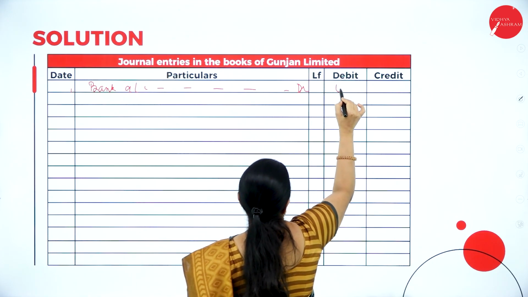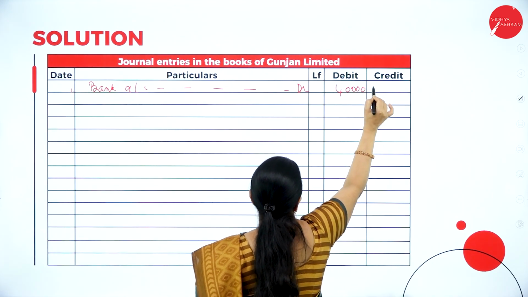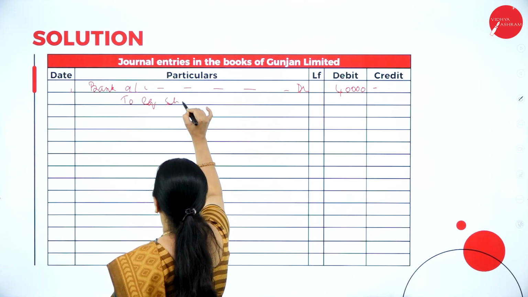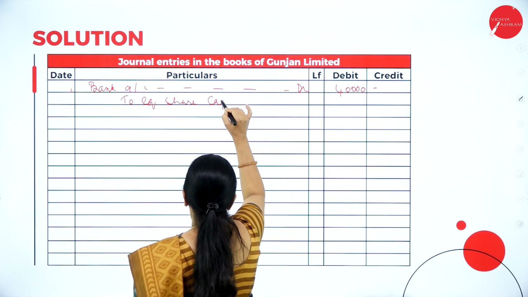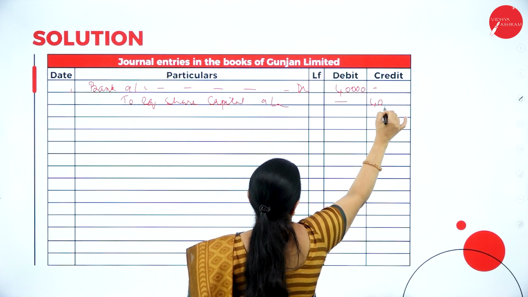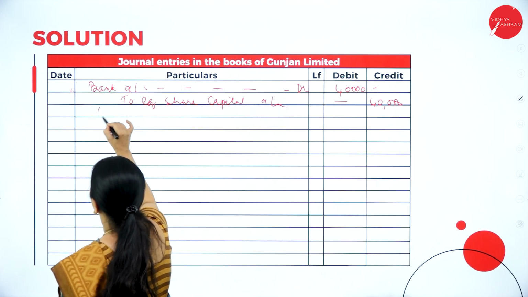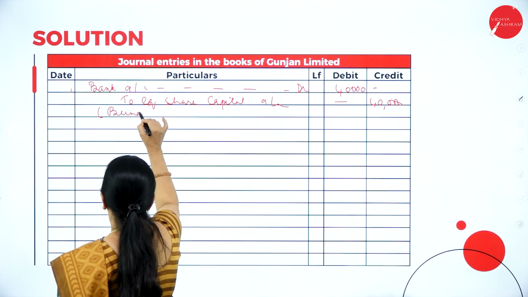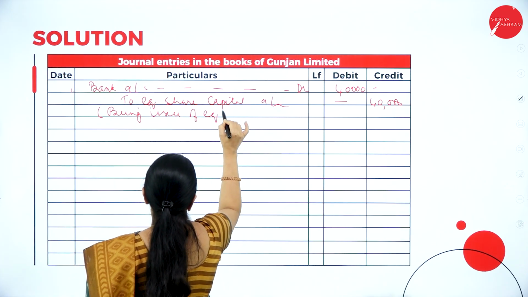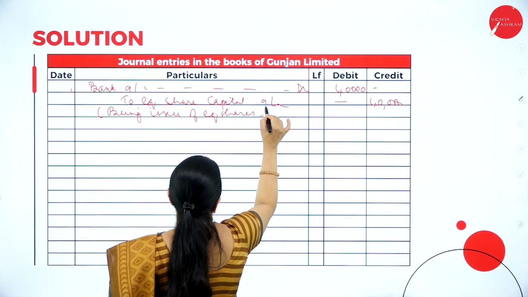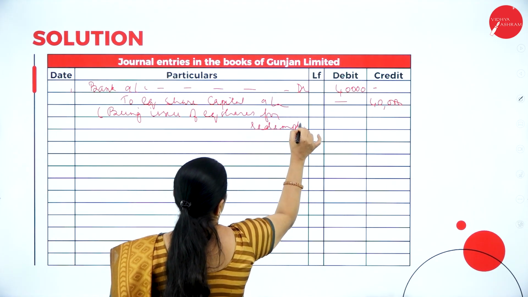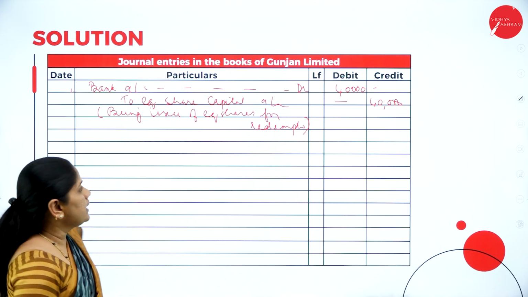So it will be 40,000 to equity share capital account, 40,000, being issue of equity shares for redemption.